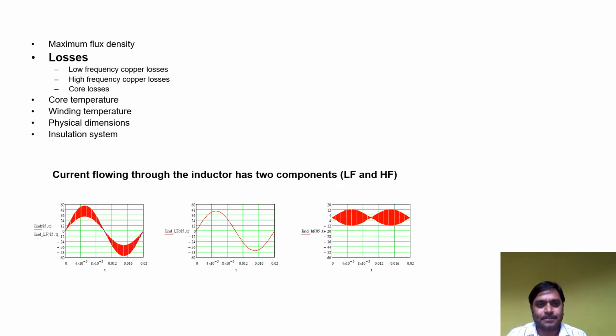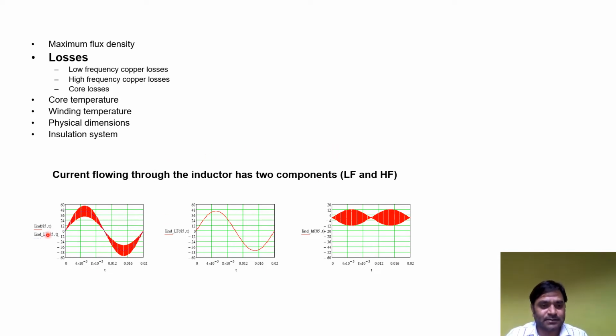The next is the losses, which we discussed. There will be different kinds of losses: low frequency copper losses, high frequency copper losses, and core losses. Different patterns of current will be there under different categories of components. Here we are taking the example of PFC inductors.